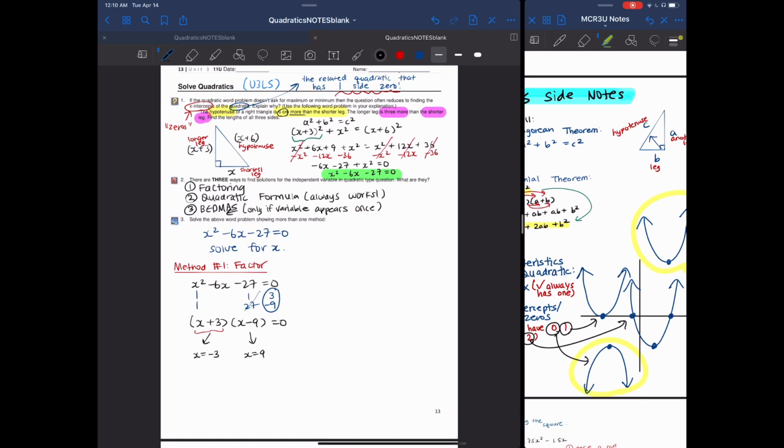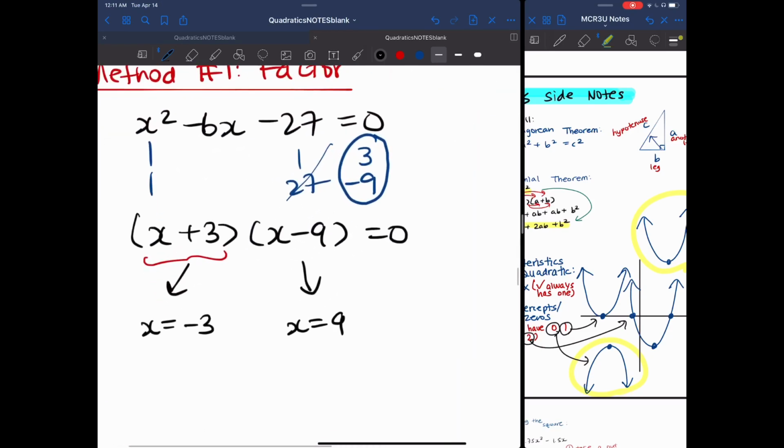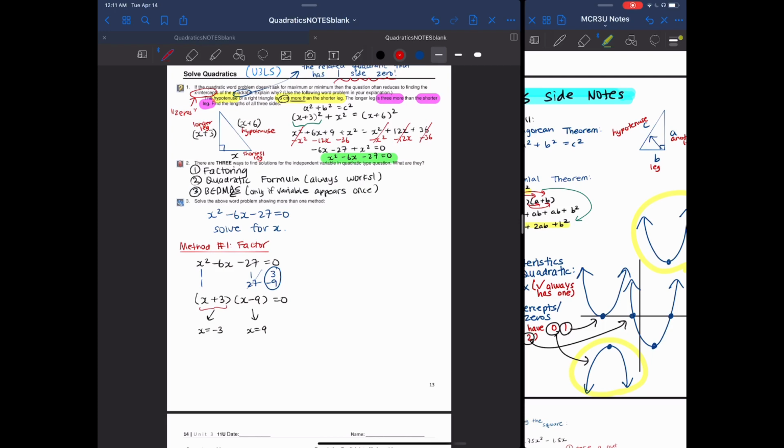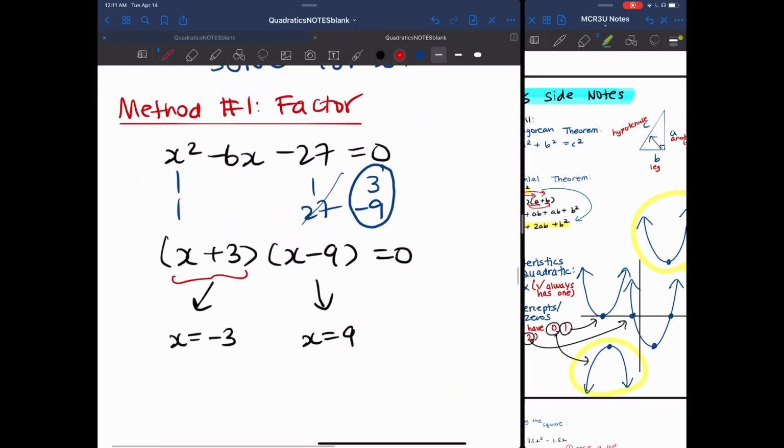So this was a word problem dealing with lengths of a triangle, meaning that you have to consider if some answers don't make sense. You can have 9 centimeters or meters in terms of dimension, but you cannot have a negative.